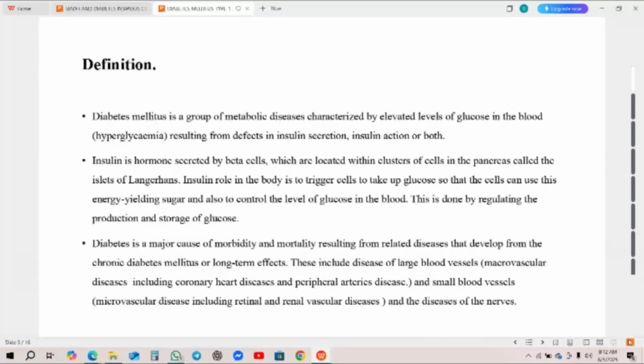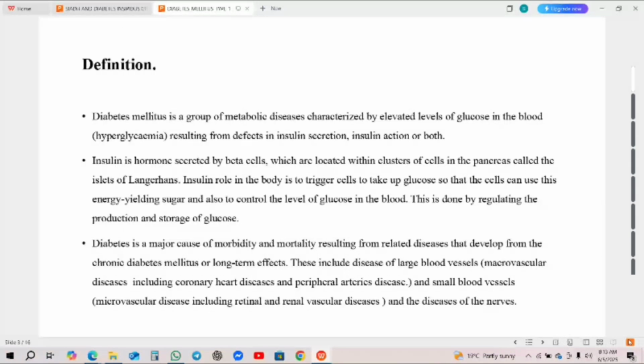Diabetes mellitus is one of the homeostatic imbalance diseases, where the normal negative feedback mechanism is overwhelmed, and a destructive positive feedback mechanism takes over, causing harm to the body.